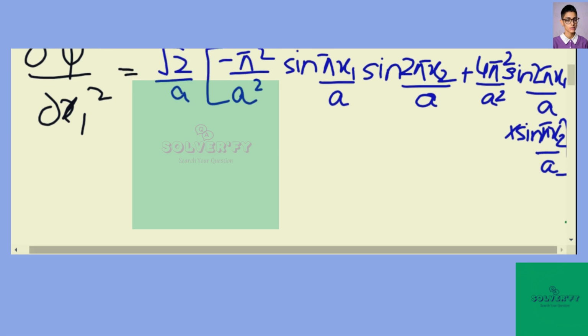Next I'm going to write down the equation for the partial derivative of the wave function with respect to x2 squared.